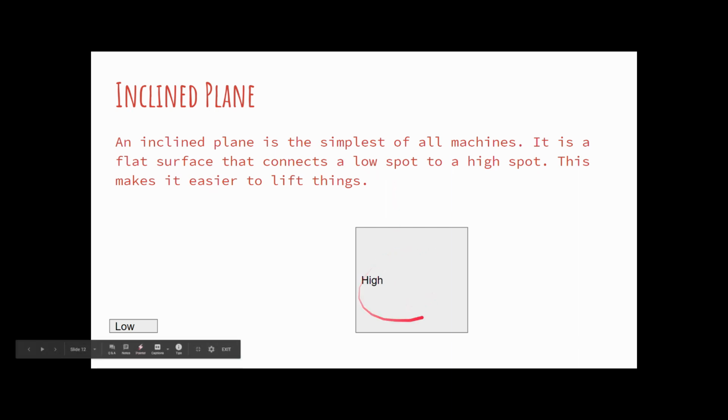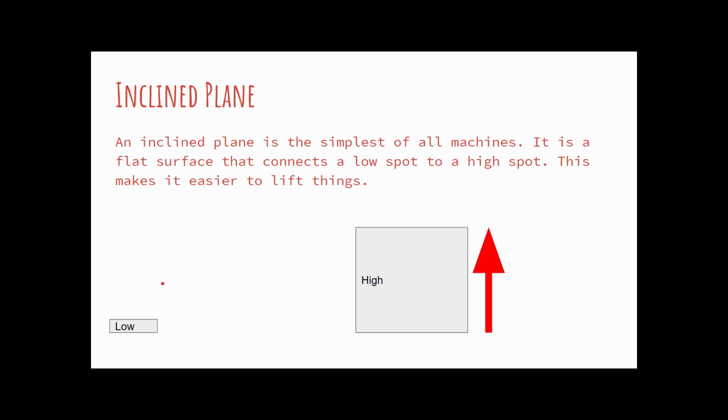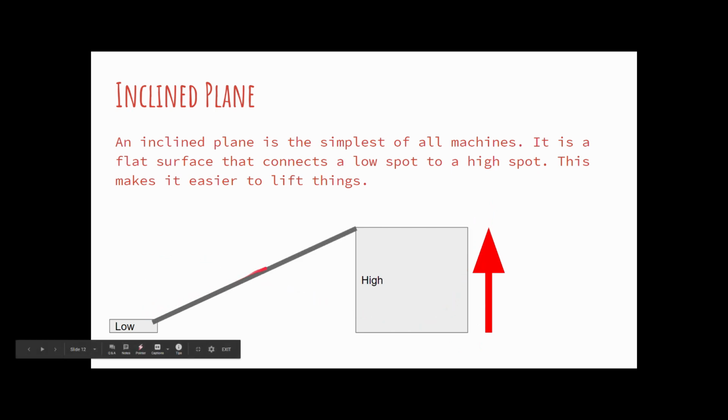So let's say that we have this block here and we need to get something up to the top of it. Well, normally you'd have to just pick it up. You just have to apply force to it and pick it straight up until you get to the top. But with an inclined plane, instead of going straight up like this, we can go up this path.